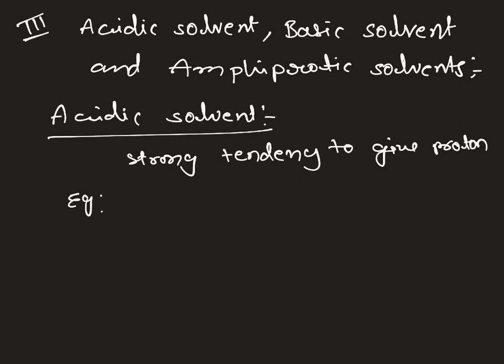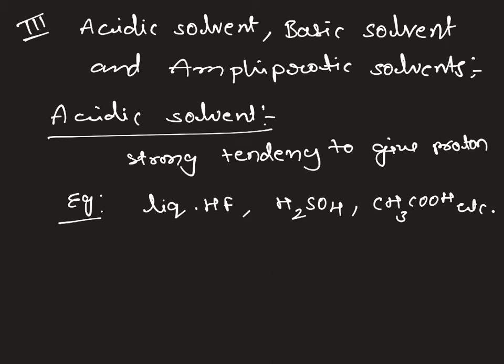Take the example of liquid HF, which has a high tendency to release H plus. A solvent that readily donates H plus is an acidic solvent. Concentrated H2SO4 and acetic acid are also examples, as they give a proton to other substances.